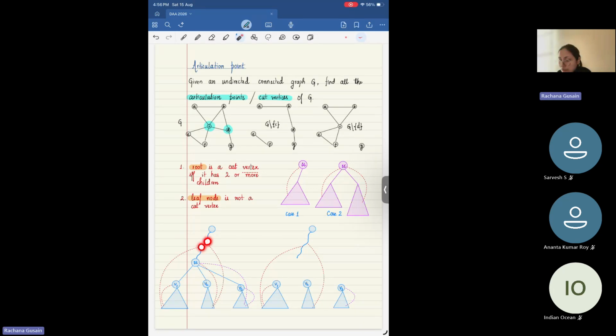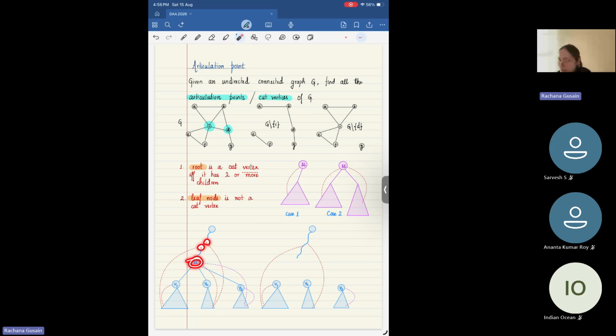So I have the DFS start numbers of these two vertices. And from the third child, there is no back edge which takes me to an ancestor of u. The one that takes me to the lowest start number is this back edge, which actually is the start number of u.